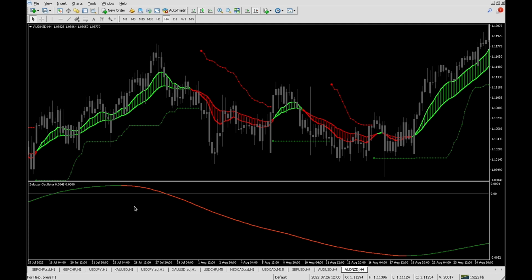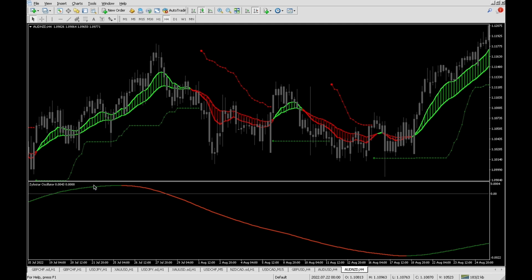In this strategy, our first indicator is the Zylostar oscillator. You can see this green and red indicator shown at the bottom of the chart, and sometimes it is green and sometimes it changes color to red.